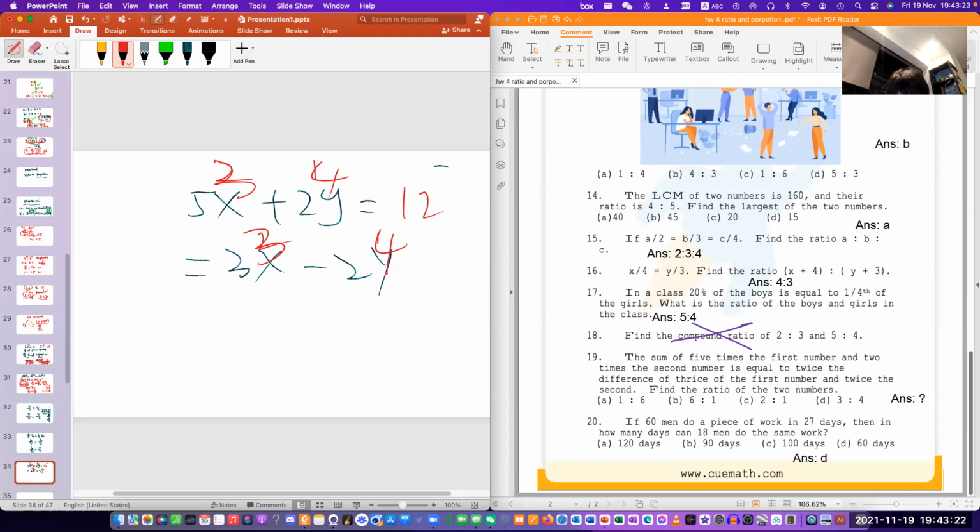But the thing is, one of them should be correct. How? Difference of twice of the first, twice of the second. Did we miss out something? I don't think so. I think it's just that English is hard to understand and we decided not to follow.